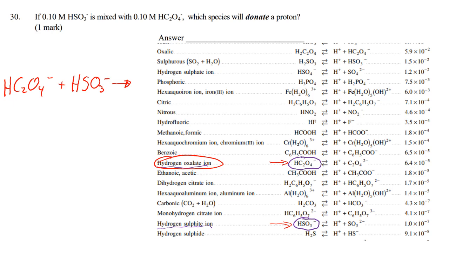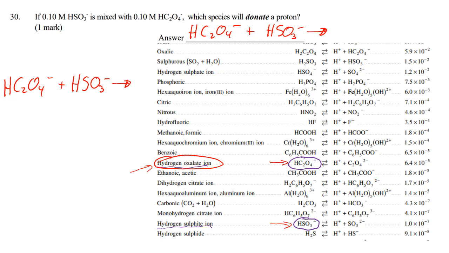So what will happen is that you'll have HC2O4 minus plus HSO3 minus. Now, here's the interesting thing, and it'll always work out this way. The hydrogen oxalate ion is better at losing a proton than the sulfite ion.